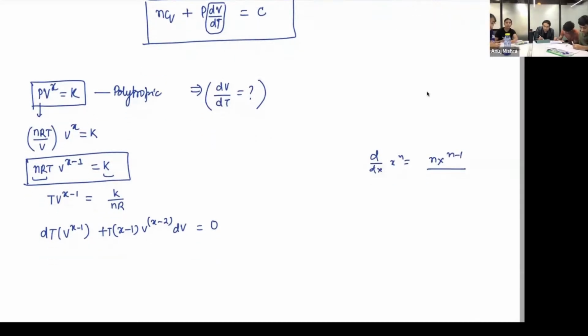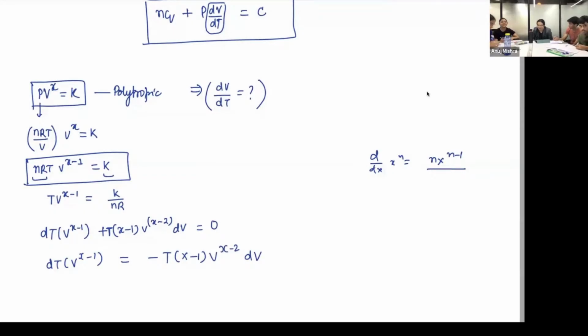Now if you observe, this term gives dt into V power x minus 1 equals minus T times x minus 1 times V power x minus 2 dV. Any problem with this?